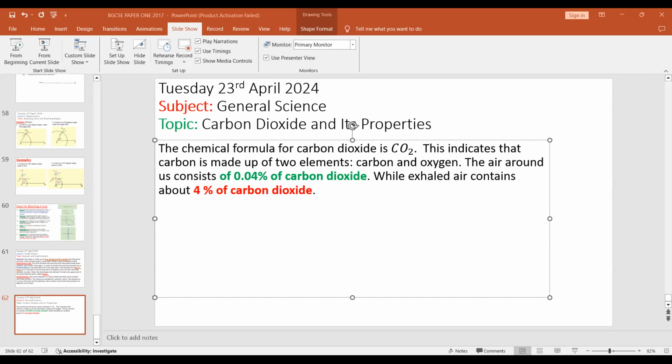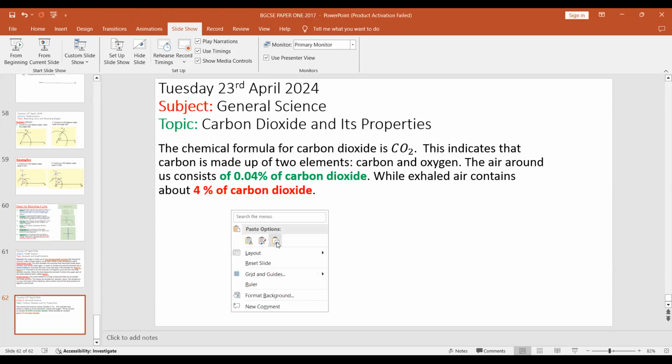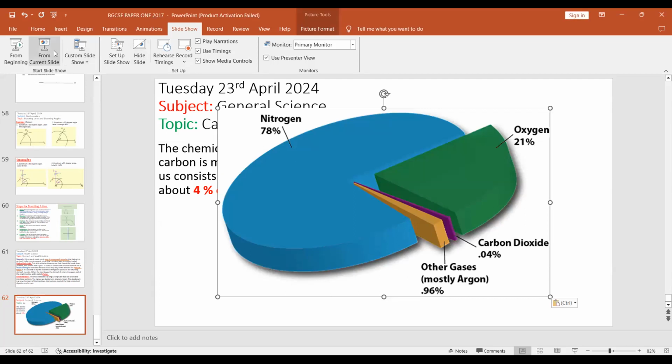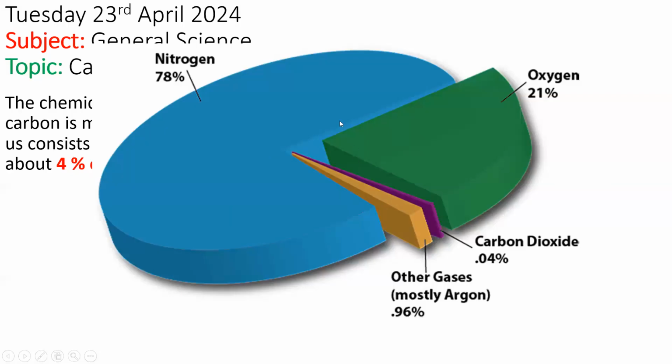So let me just show you all the chart. Let's look at this one, right? If you look at this chart, you don't have to draw this, but this shows the amount of gases and the percentage of gases in the air. So which gas is most abundant in the air based on this chart?